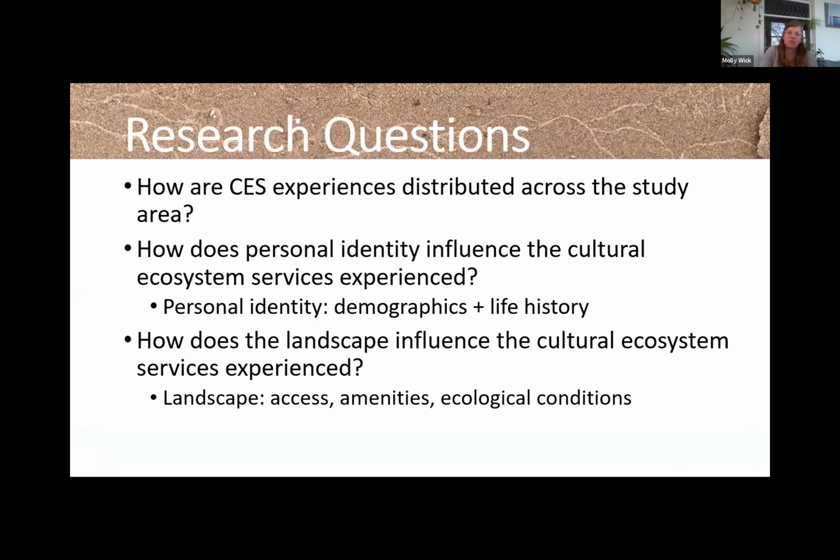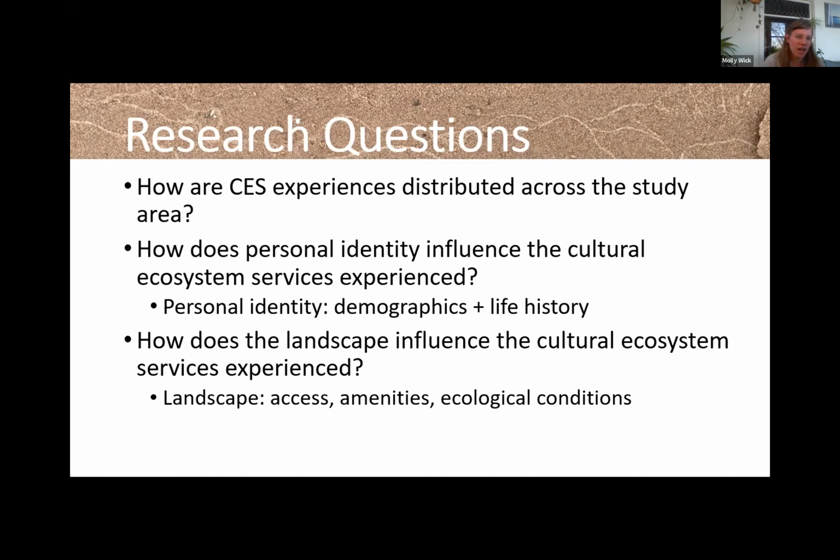So my research questions for my dissertation are focused on understanding how cultural ecosystem service experiences are distributed across the study area, and then what major things influence cultural ecosystem services. And that includes how personal identity influences cultural ecosystem services.